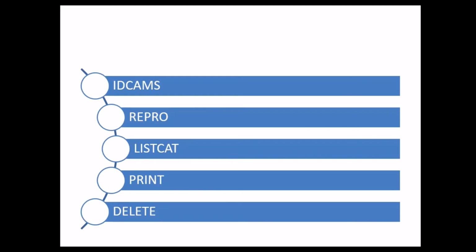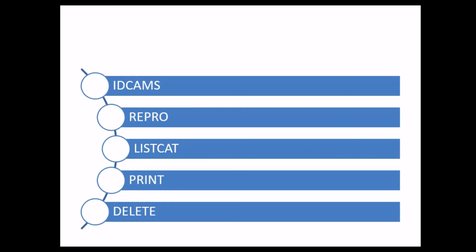If you want to know more details, I have also created a separate VSAM playlist within this YouTube channel. You can also watch that as well. And if you ask me whether these files are used in a COBOL program, yes, we are using them.